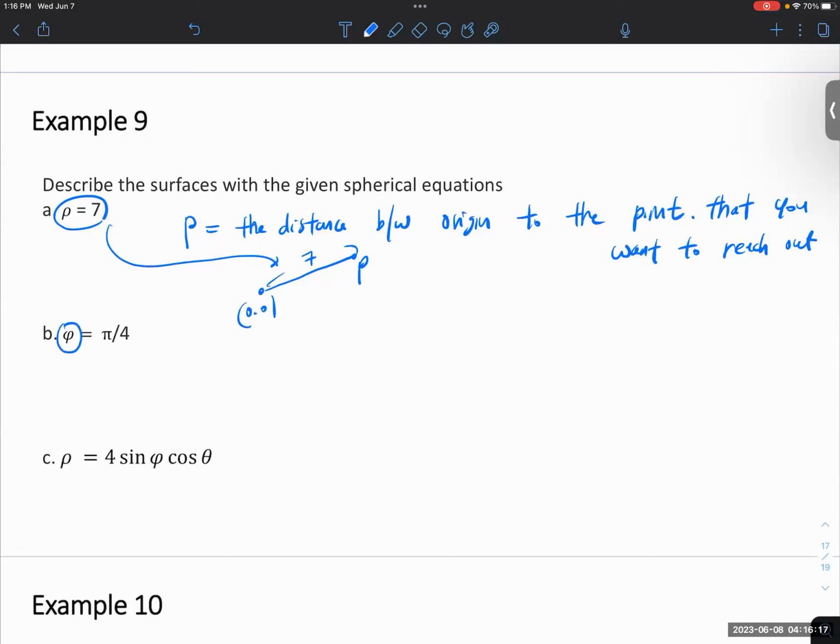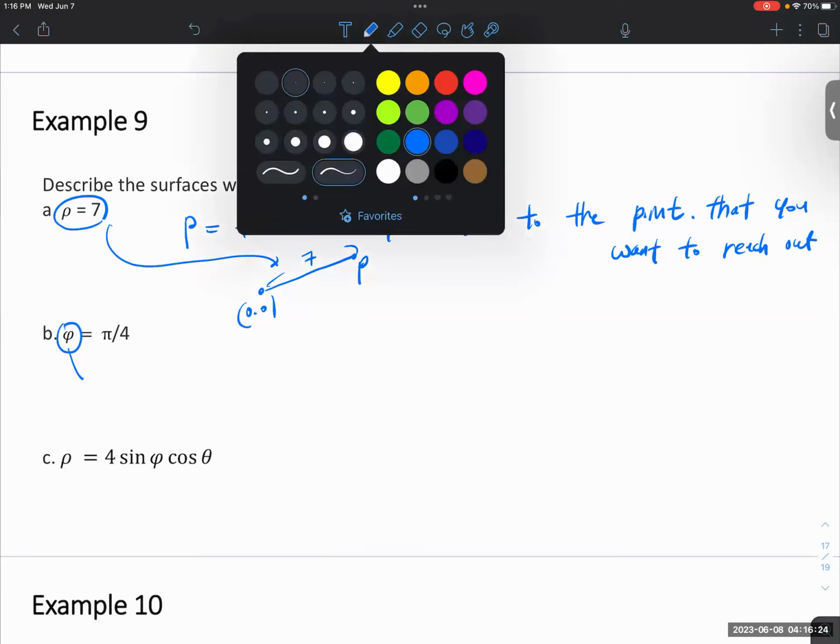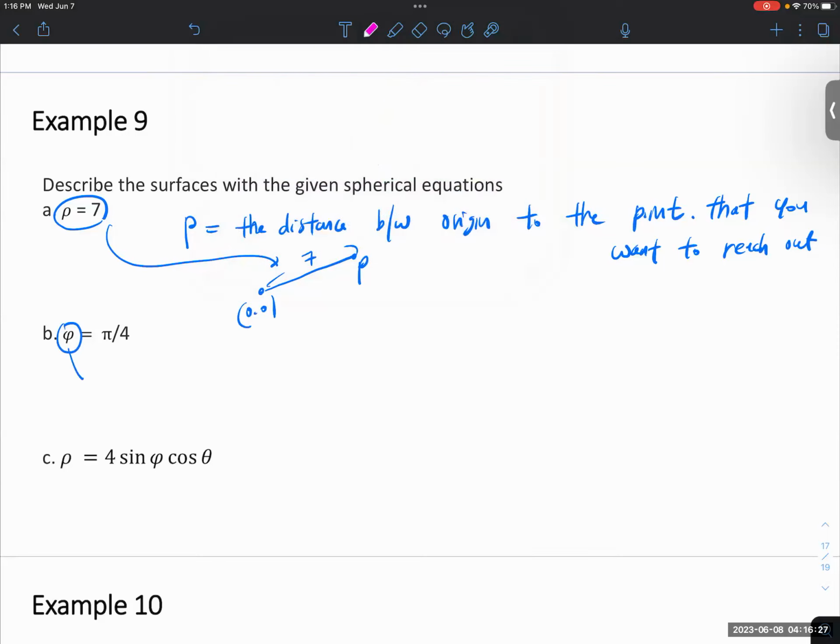What does phi mean? So we talked about it. This is the angle. Many people confuse this. This is always the angle, the upper angle of a cone shape. I know it's a little bit weird, but just think about it. This is the angle between the point and the z-axis.